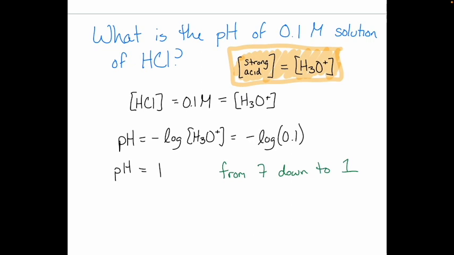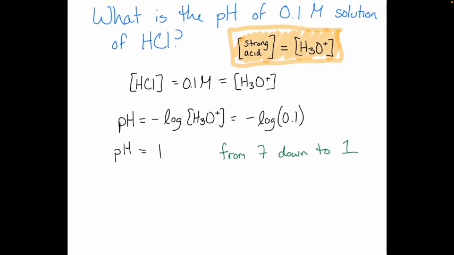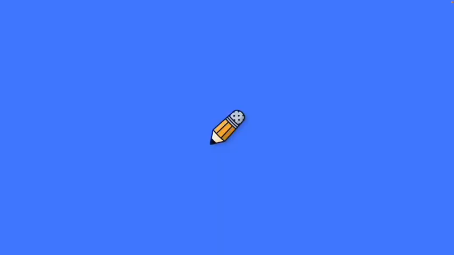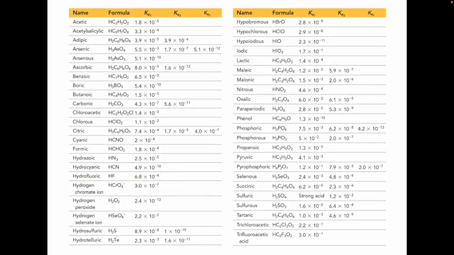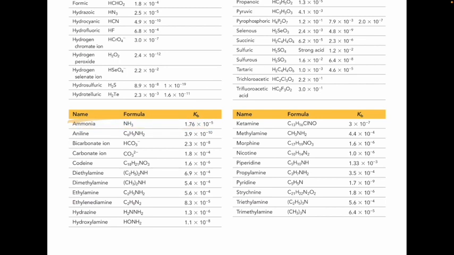So now we're going to do the same thing. We're going to take this same amount of acid, but we're going to add it to a buffered solution. All right, so now let's create a buffer solution. For the sake of variety, what we're going to do is we're going to choose one of our weak bases. We'll do ammonia.